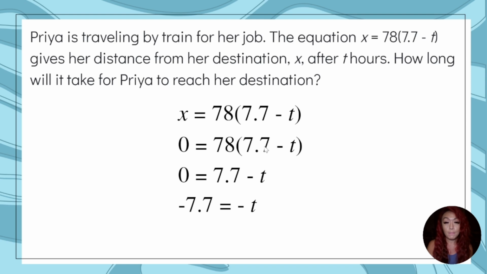So we'll divide both sides by negative 1 and get positive 7.7 hours equals t. Once again, please make sure that you don't just answer this as 7.7. You answer it as 7.7 hours. Please always include your unit.